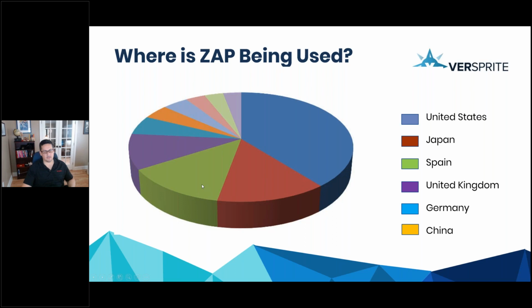ZAP has enormous use worldwide, and it also has enormous international support. For those out there who are looking to hang their name on something they can partake in, OWASP has been a great organization where you can improve your personal brand as a security professional by jumping in and supporting some of these projects.